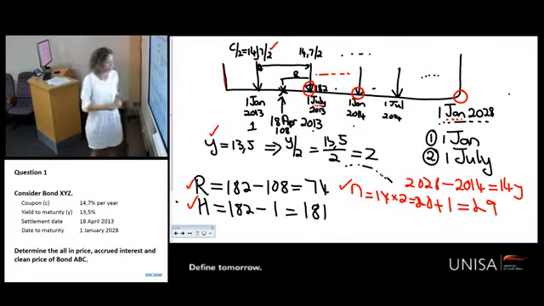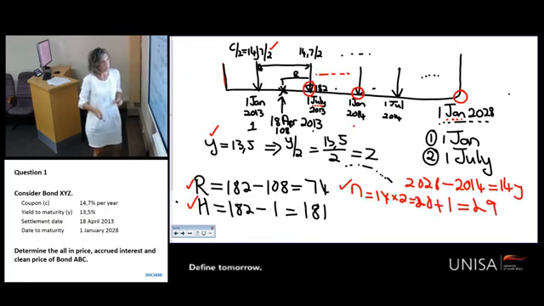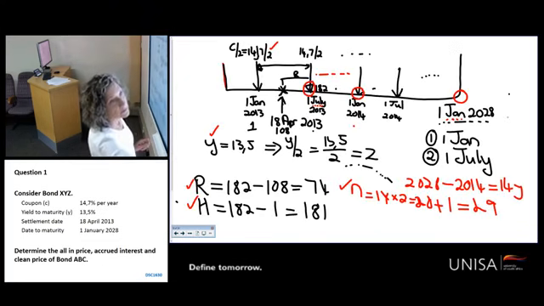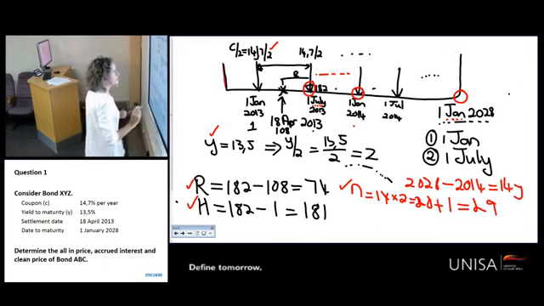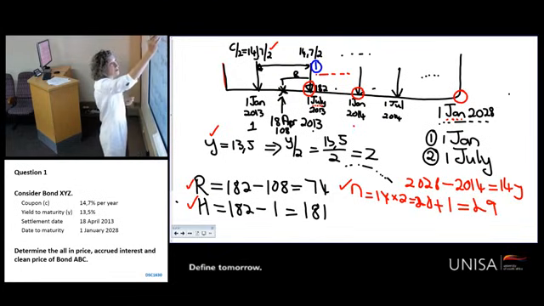And now I can go back to my formula. Remember our steps? Firstly, I'm going to calculate the price here because I want to work with the full period. After that, I'm going to add a coupon, yes or no, and that depends on my R value.